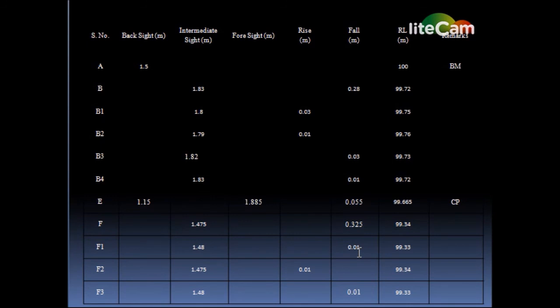So we had written it as 0.01, as the lower value was greater, so we had considered it as a fall. Here it is like a reverse order of the previous one, so we had taken it as a rise. The intermediate side first was 1.48, now it is 1.475, so it now became 99.34. In the same way the RL of these can be done.